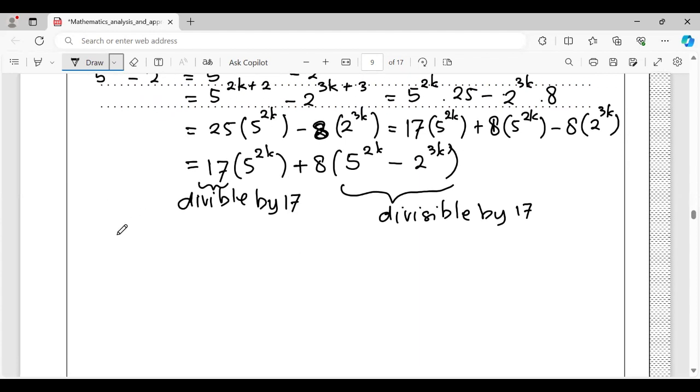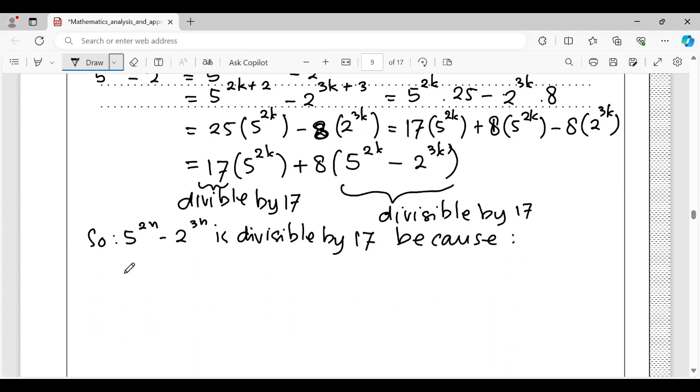So we can state that 5 power 2n minus 2 power 3n is divisible by 17, because for n equals 1, this expression is true, that 5 power 2n minus 2 power 3n is divisible by 17.